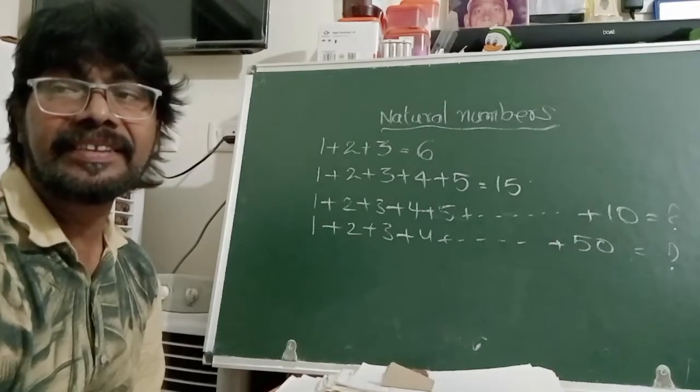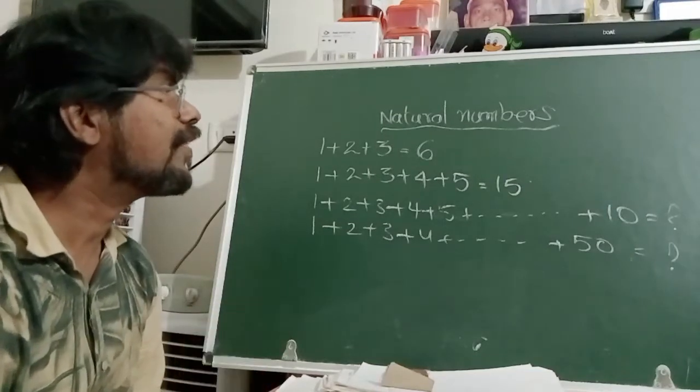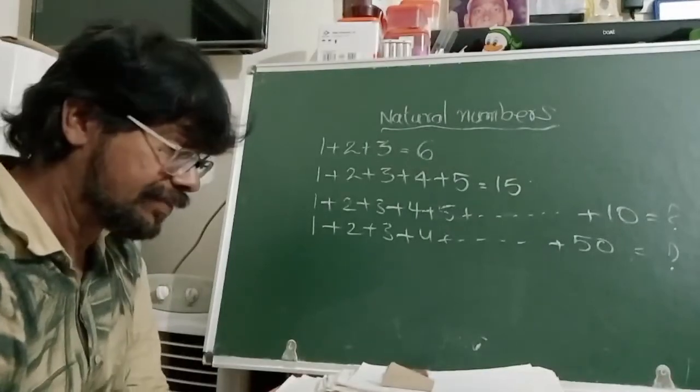So for this we have to think of something. That is the formula for the sum of first n natural numbers.